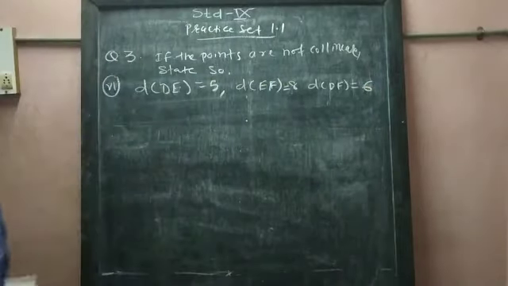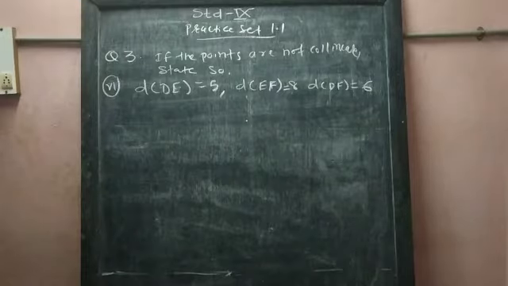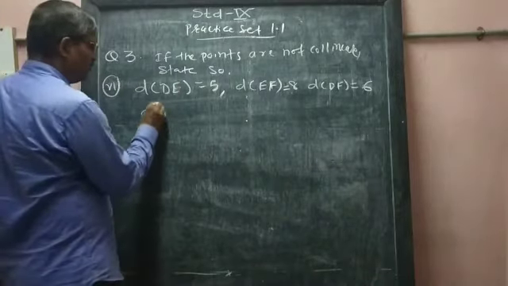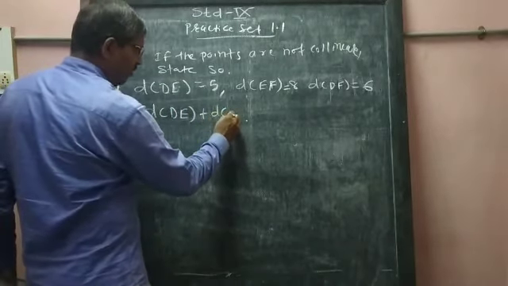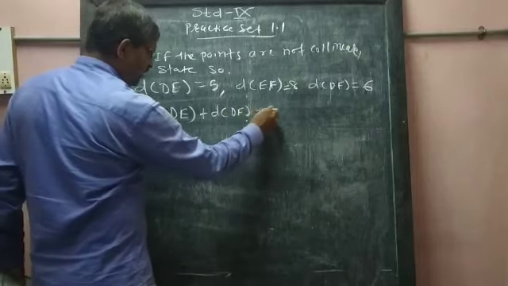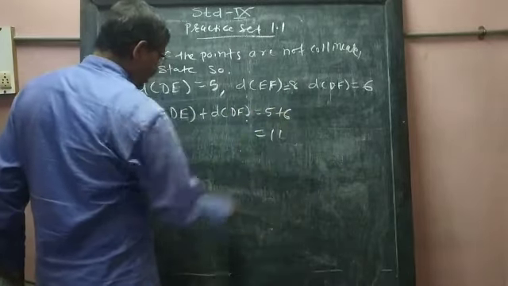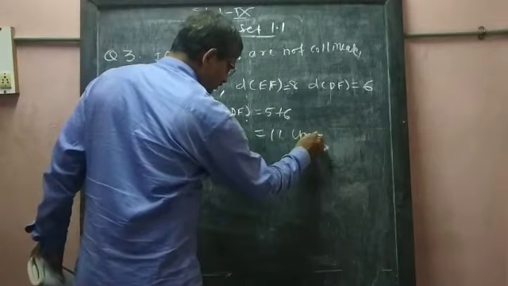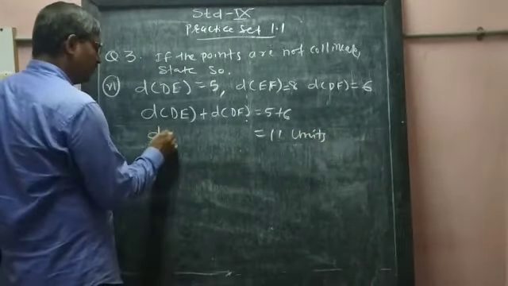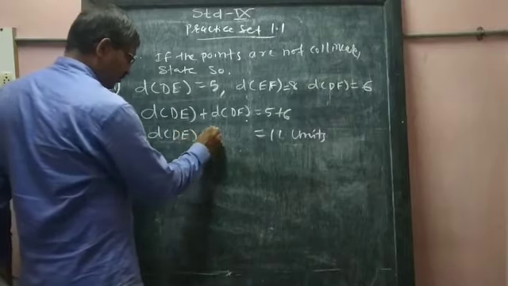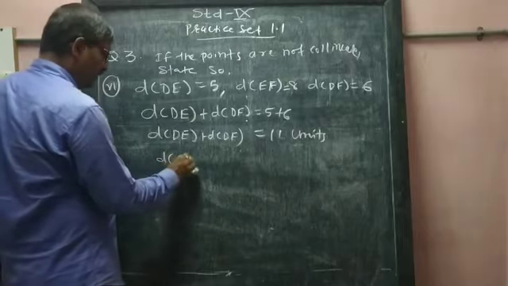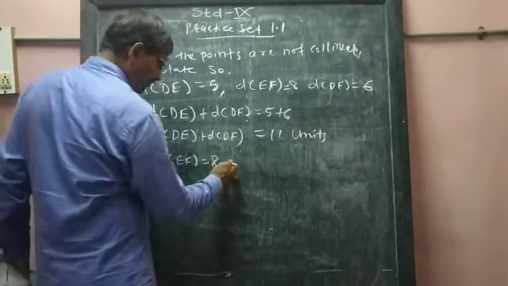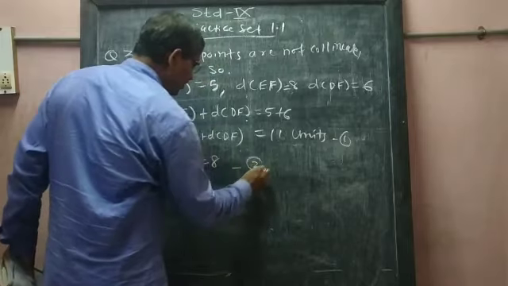Here I am giving you a chance to solve this. I want to check what you will write. So you should solve: distance of DE plus distance of DF, because these are the two smaller ones, 5 plus 6, you will get 11 units. And distance of EF is equal to 8. This is number 1 and this is number 2.